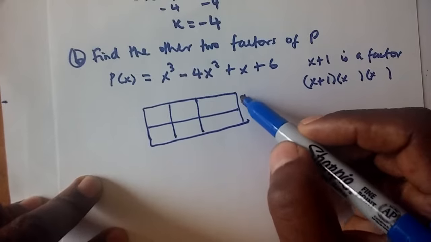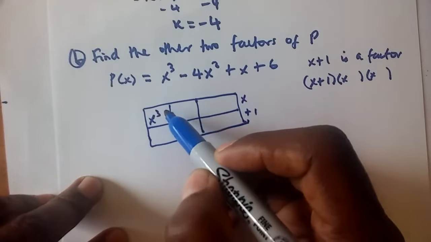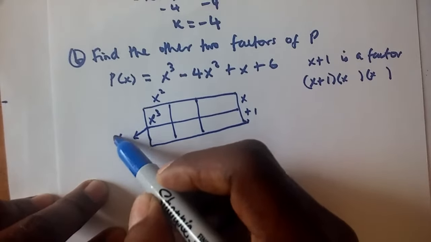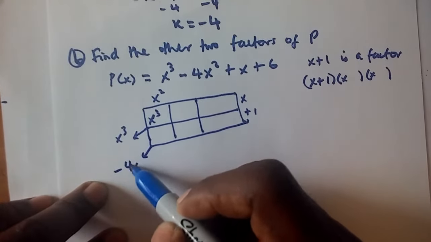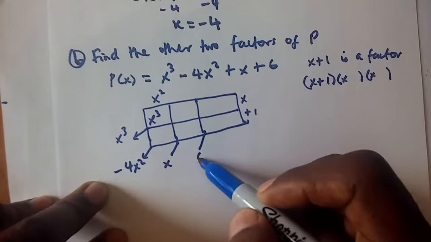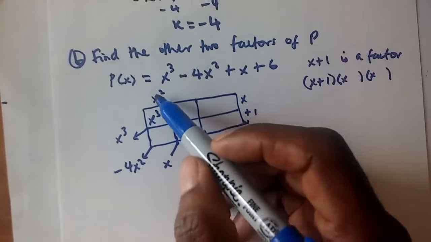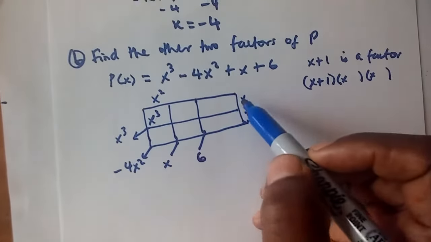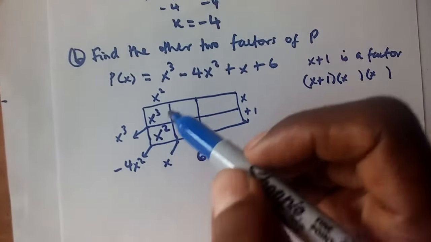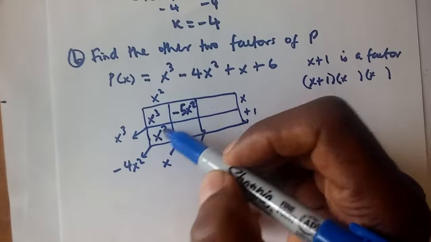Here is my x plus 1 over here, and then this will be x cubed, negative 4x squared, this is the x, and this is the 6. Now, if I divide x cubed by x, I'll get x squared, and then multiply x squared by 1, I'll get x squared. To get negative 4x squared, I need a negative 5x squared to add them together.